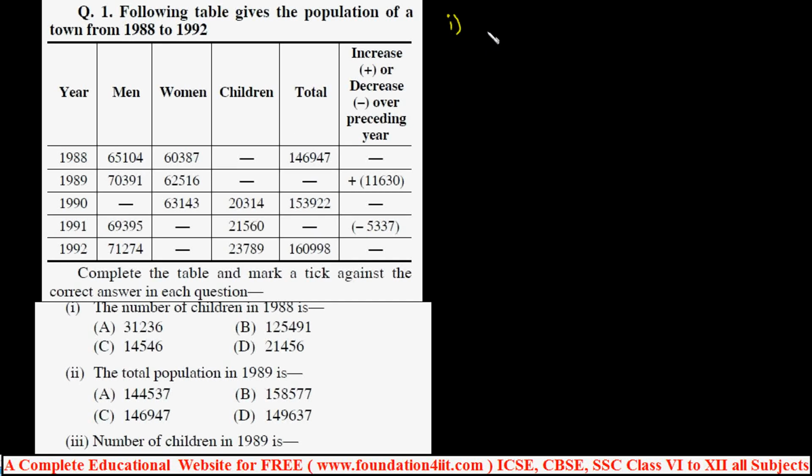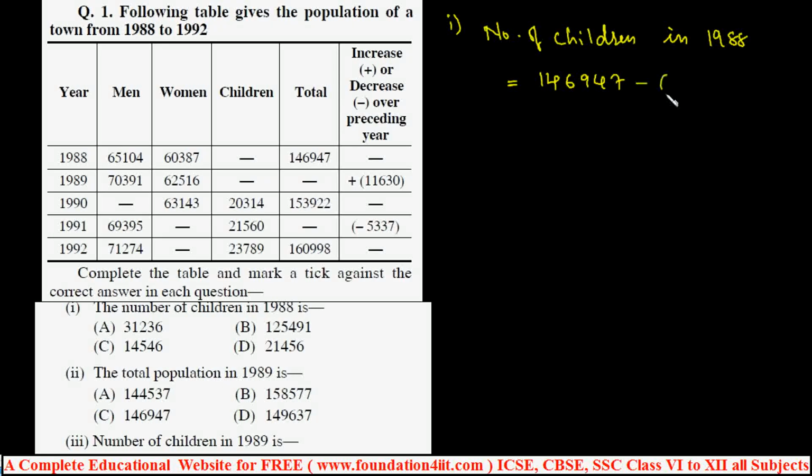First one, number of children. Every question is based on the data only. In this first one, number of children in the year 1988, how to calculate from the total population? The total is 1,46,947.